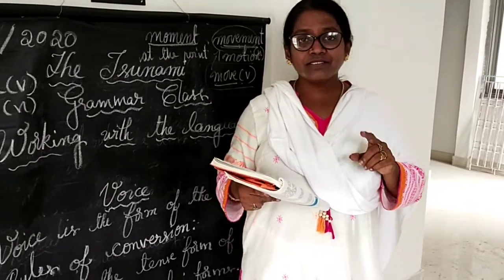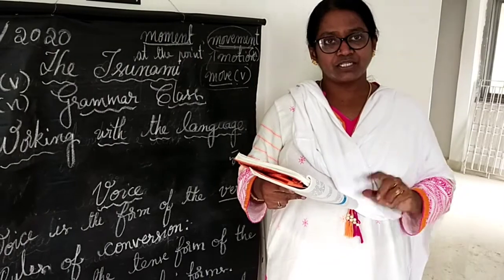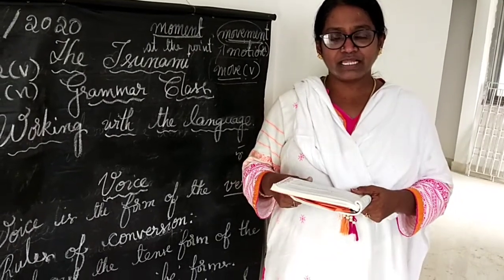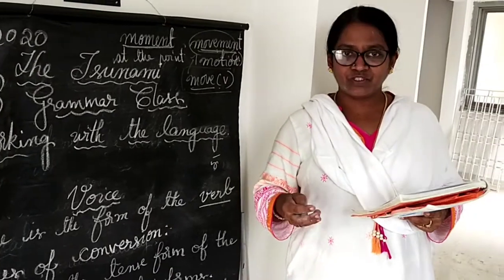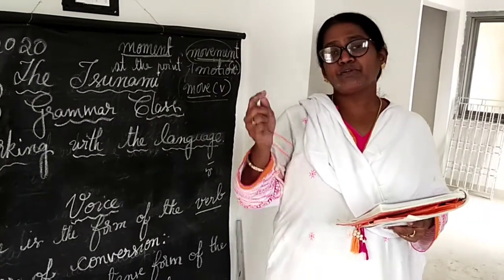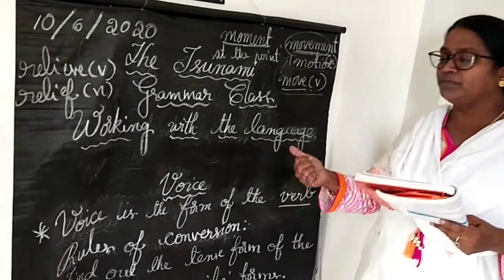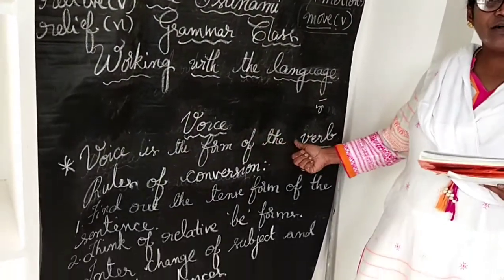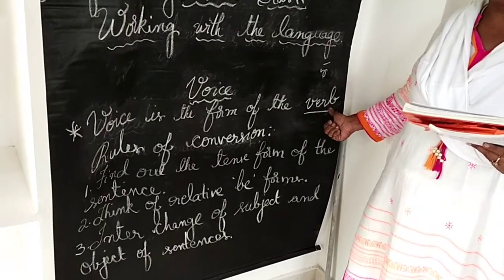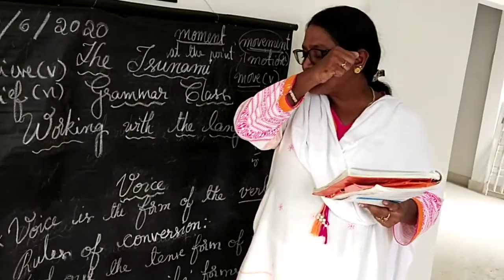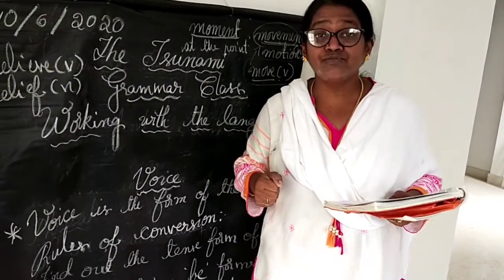Here Meghana is a subject and the waves are also a subject, in both the passive and active sentences. In both voices we can see the subject and object placement. But what you need to focus on is the third form of the verb. Voice is the form of the verb. Which form? The third form of the verb.